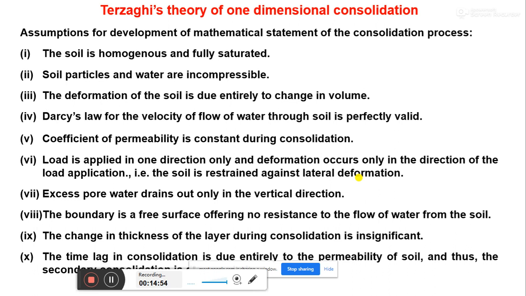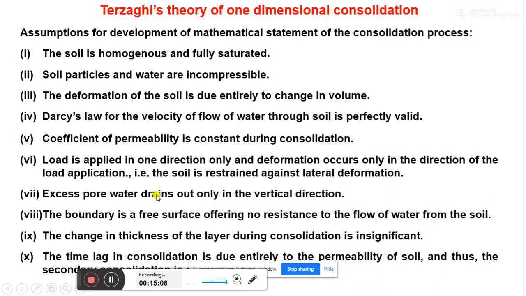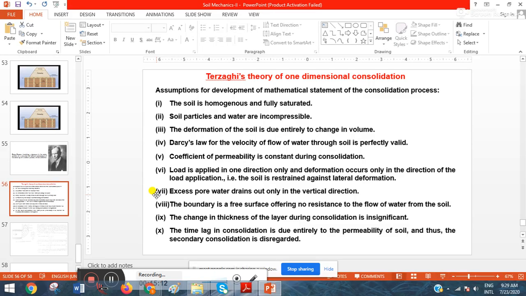What are these assumptions? Number 1, the soil is homogeneous and fully saturated.